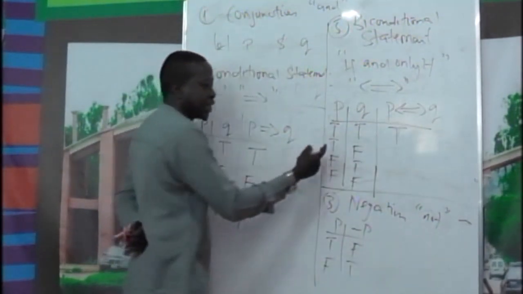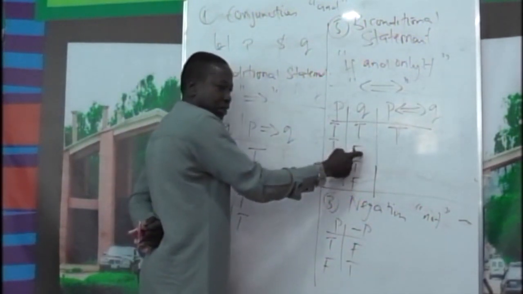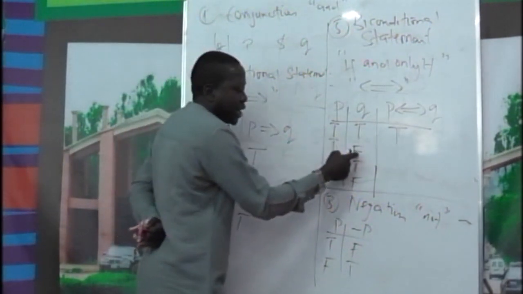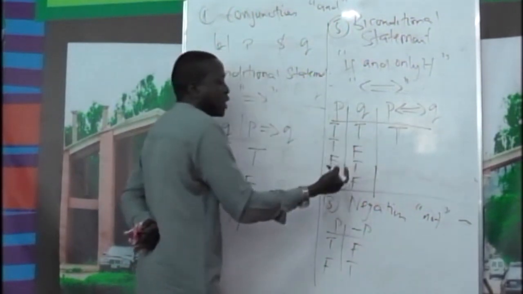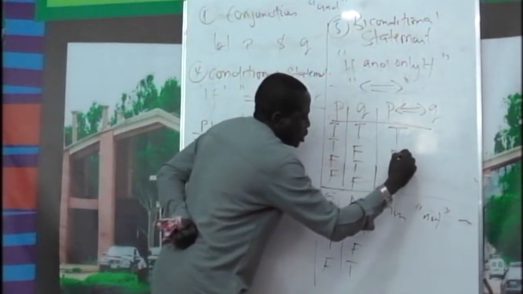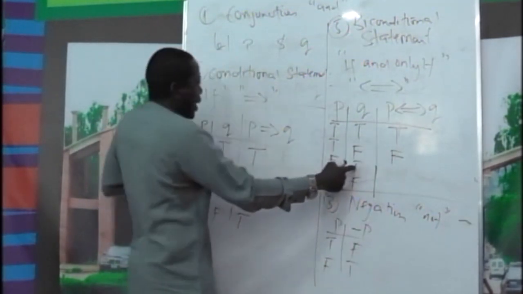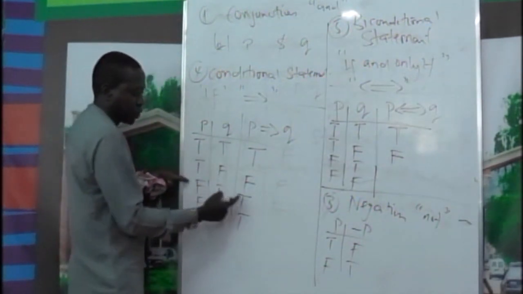T. The second one, T implies false. This one is false already, because I told you that true cannot imply false. So T implies false is false. Don't even do the second one since it is false. So now here will be what? False. False implies true. Remember here, under conditional, false implies true is true.